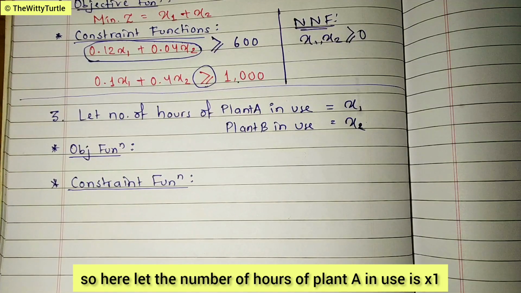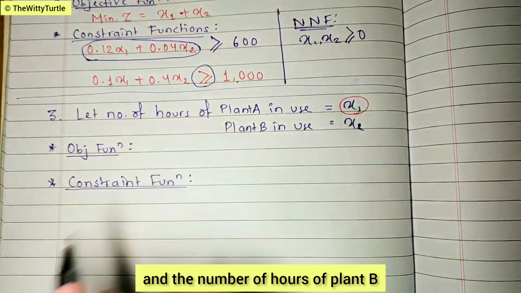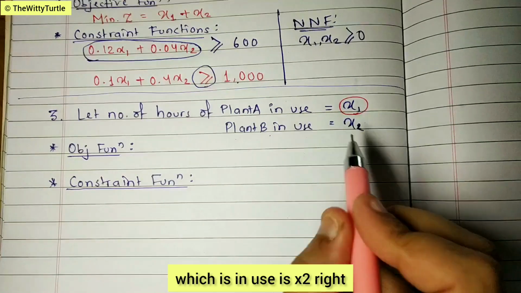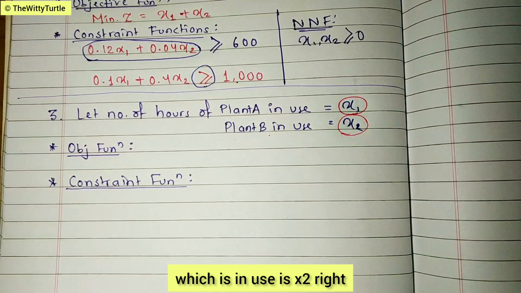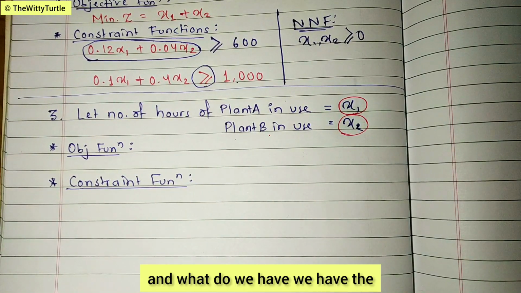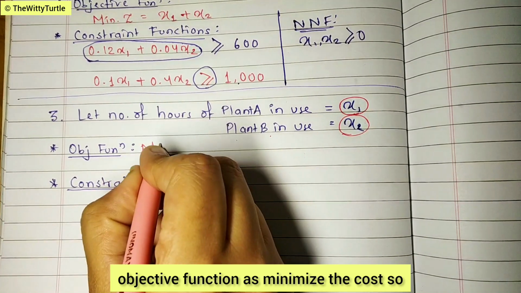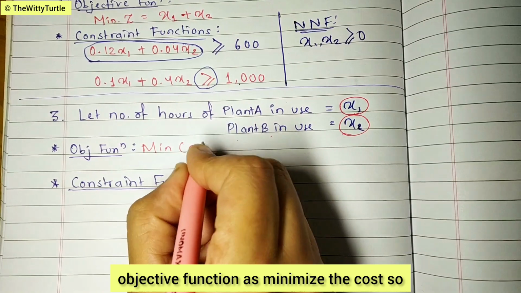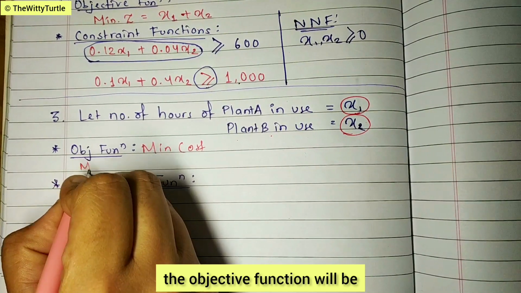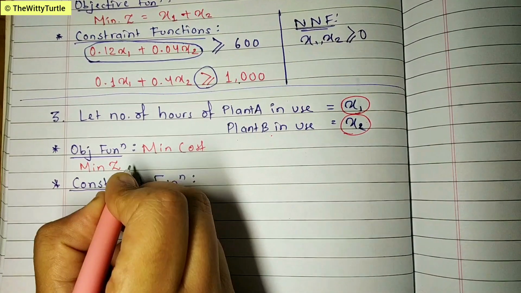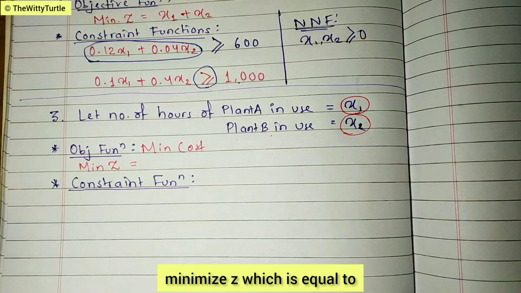So here let the number of hours of plant A in use be x1 and the number of hours of plant B in use be x2, right? And what do we have? We have the objective function as minimize the cost. So the objective function will be minimize Z, which is equal to what?